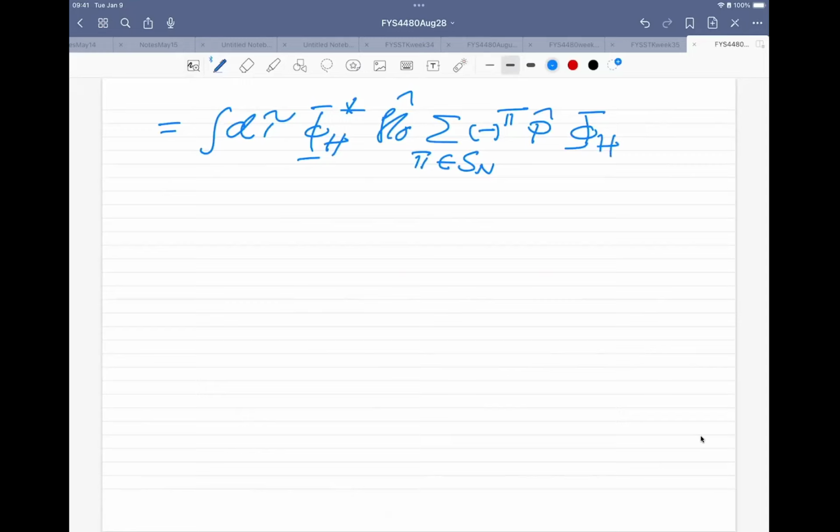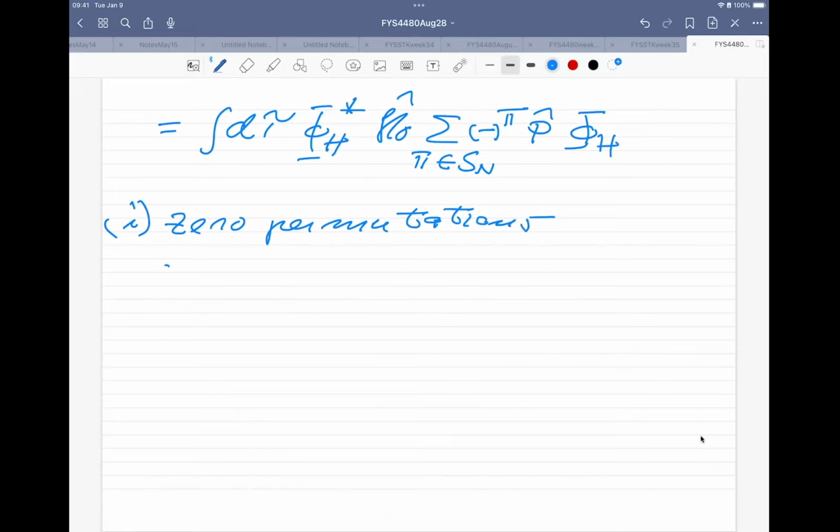So now we can start looking at all the possible permutations. If we take the first case, 0 permutations, let's write out what we get.